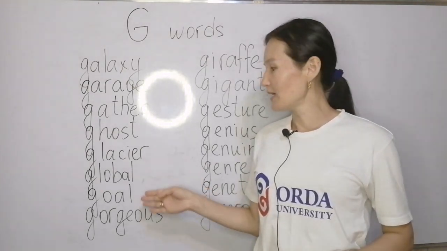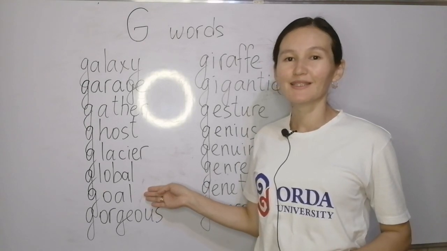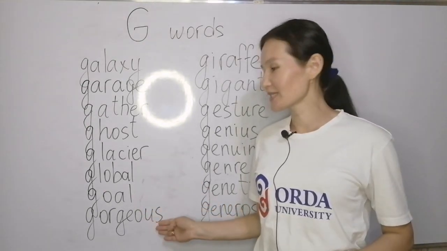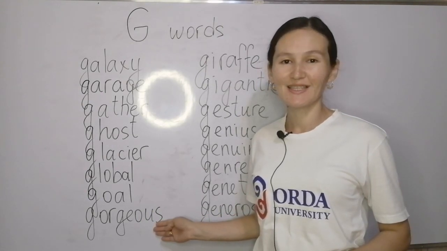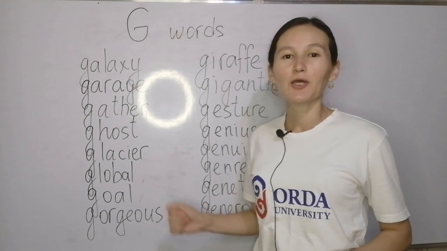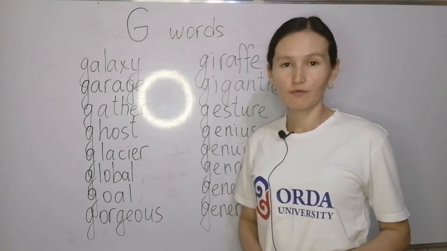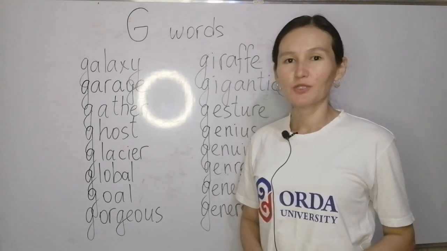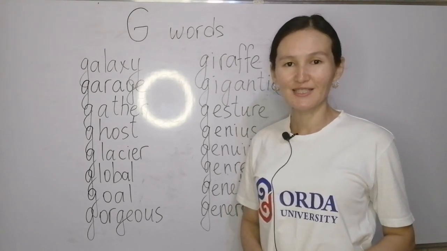Goal. And the last one is gorgeous. She's gorgeous means very beautiful or attractive. Drop dead gorgeous.